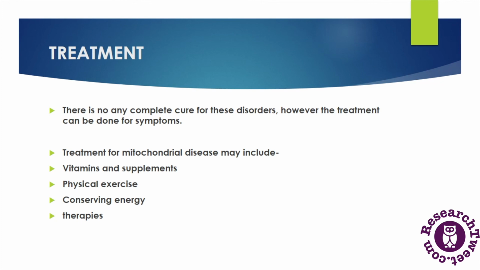These treatments include vitamins and supplements which help to get energy, and physical exercises like walking and many other exercises. Patients with mitochondrial disease try to conserve energy because they don't have enough energy and their mitochondria don't have enough ATP production, so they are advised to conserve energy. And there are different therapies which may be included in the treatment of mitochondrial diseases.